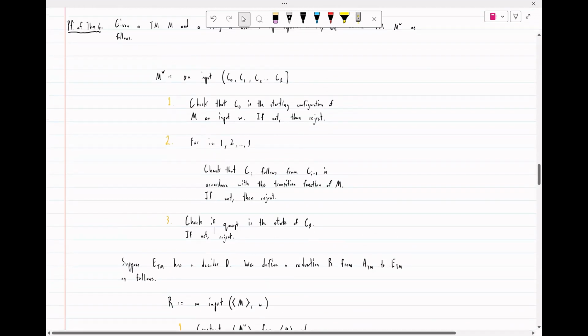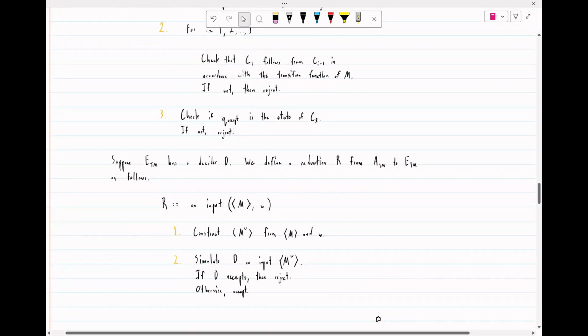It's really only to check that starting configuration there.